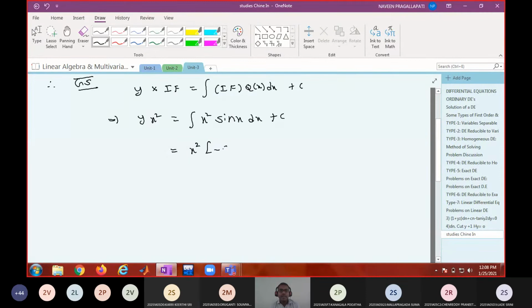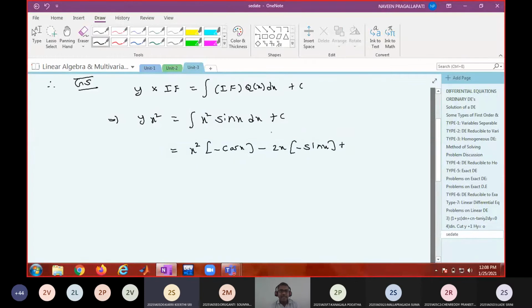Minus cos x. Alternatively plus minus. Previously plus is there, now minus. What is derivative of x square? 2x. What is integration of minus cos x? Minus sin x.